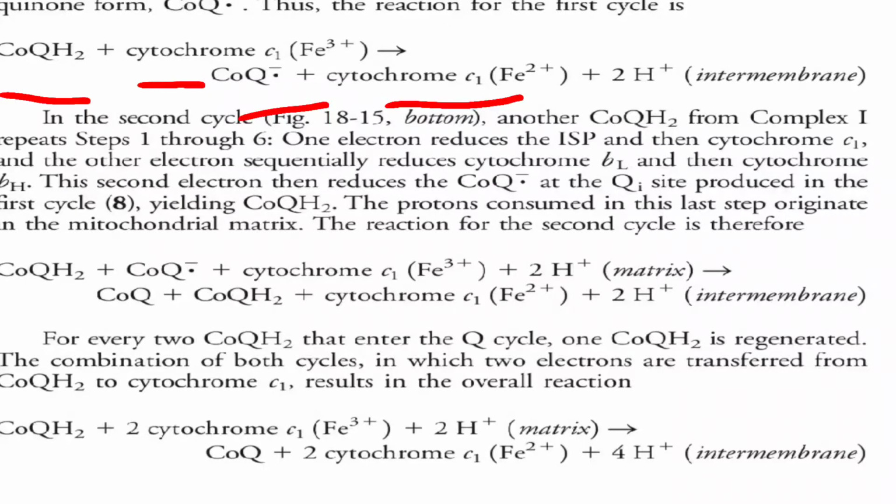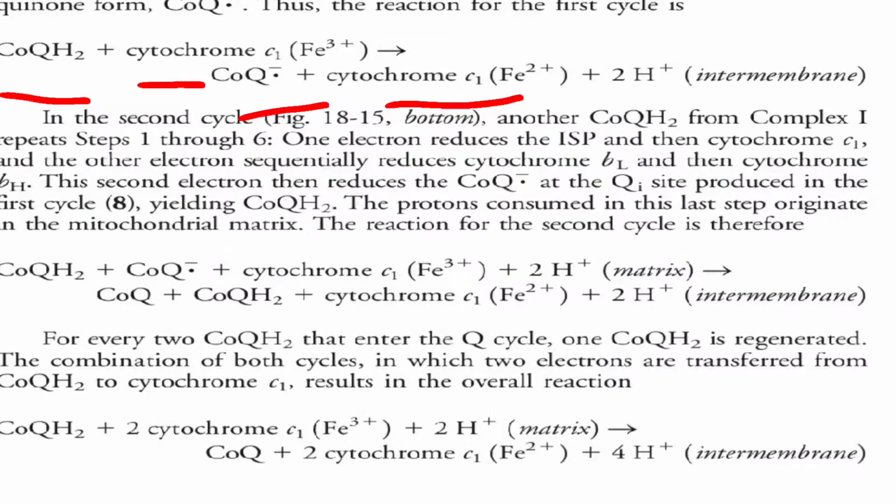So overall, the reaction that we get will look like that. So this is the plastohydroquinone to cytochrome C1, obviously we need two, okay, 2 H positive ions moving from the matrix region. So 2 H positive ions will be released, and 2 are here, so it will become the 4 H positive ions, and here it will form the oxidized form of the quinone, and here we are having the 2 cytochrome C1 which is in reduced form, that is Fe2 positive.